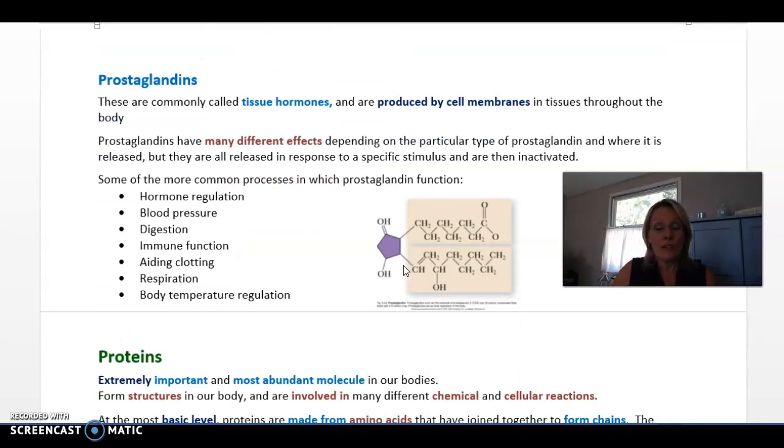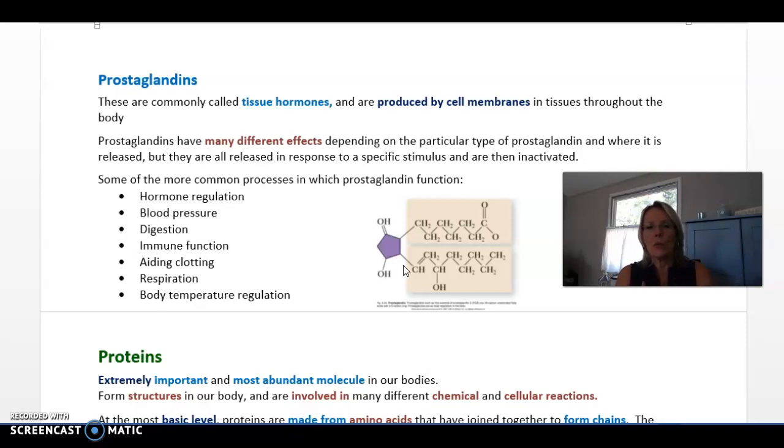And finally, prostaglandins. So I don't ask you to know a lot about prostaglandins because even though it's a single class, prostaglandins have so many various, strangely different functions throughout the body. And these are actually referred to as tissue hormones. They're produced by cell membranes in tissues throughout the body.